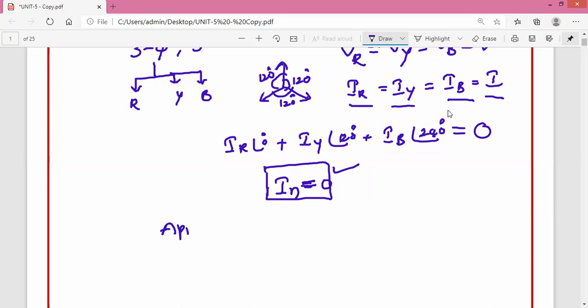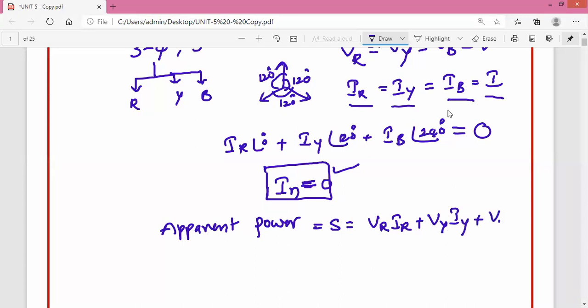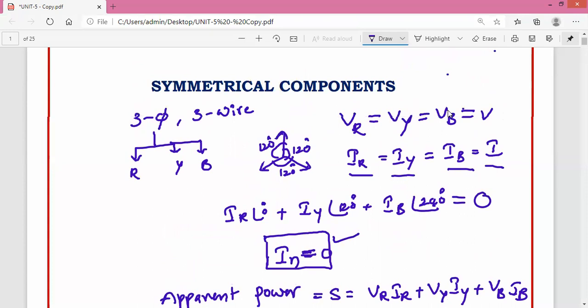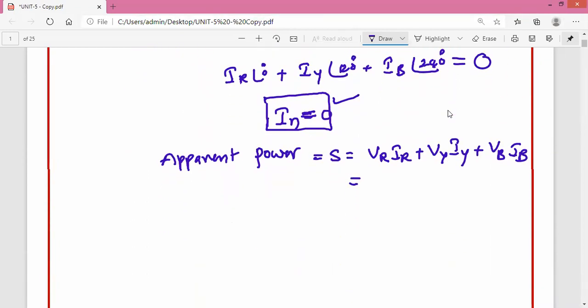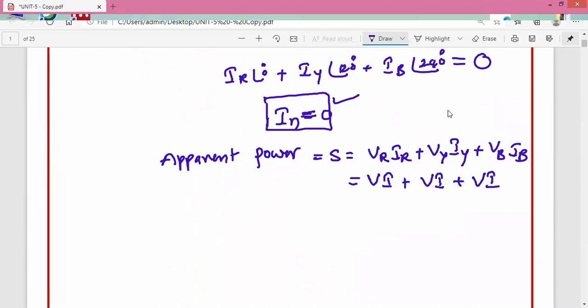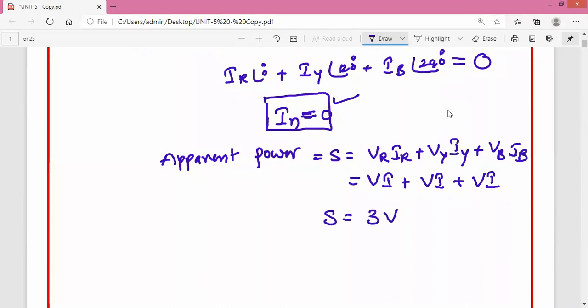Similarly, if you want to calculate the apparent power, S is equal to VR into IR plus VY into IY plus VB into IB. We know that VR, VY, VB are all equal in magnitude, equal to V here, and IR is equal to IY is equal to IB, which is equal to I. If you replace these, V and I plus V and I plus V and I, the apparent power can be written as 3VI.